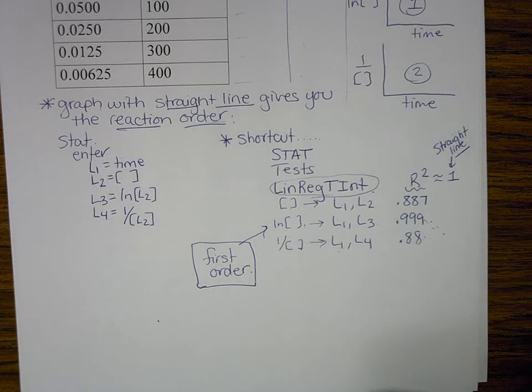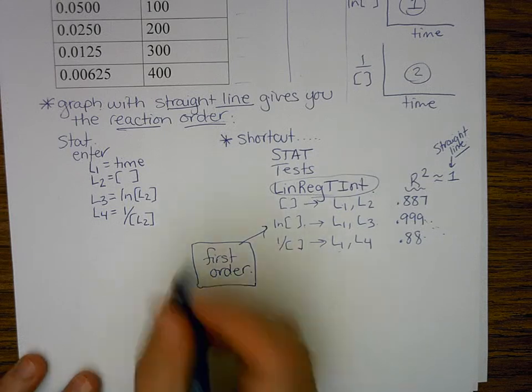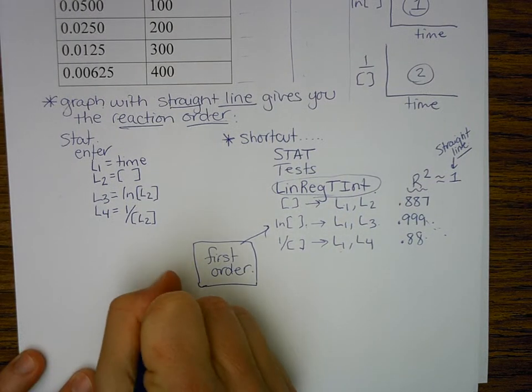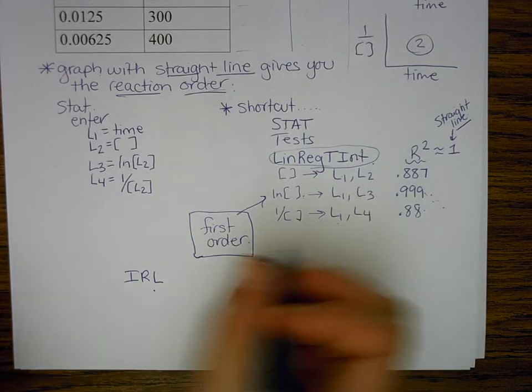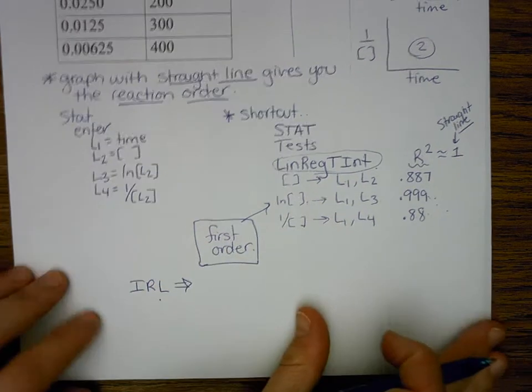Once you figure out that it's first order, and we'll have time hopefully to go through your calculators today before you leave, then it's asking you to write out the integrated rate law. So you go back over here to the ones that we talked about.